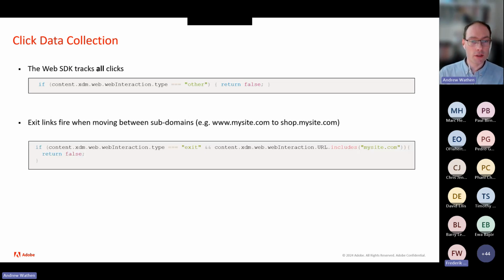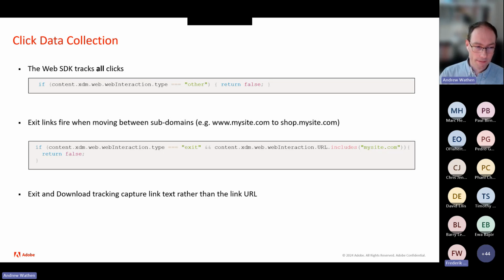So again, to suppress that, we can come up with some simple logic. We can check that the web interaction type is exit, and if we're navigating to the same domain that we're on, then we want to return false and prevent that from sending.